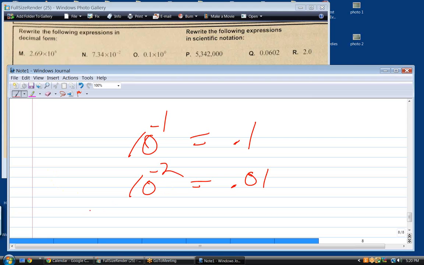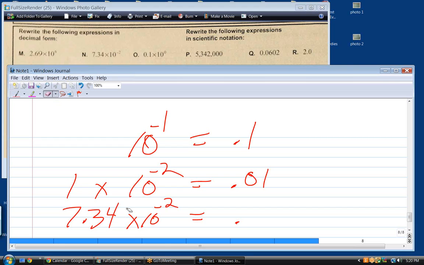Okay, and now what is 7.34 times 10 to the minus 2? How much bigger is 7 than 1? In other words, this first expression here is 1 times 10 to the minus 2. So 7 times 10 to the minus 2 would be what?